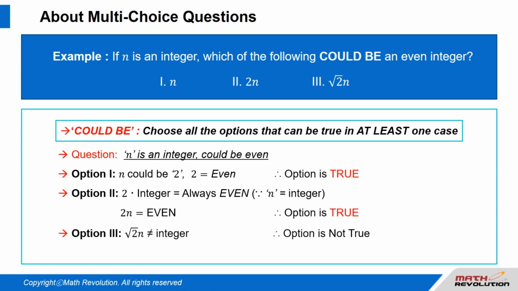Option 3, square root of 2 times n. As n is an integer, square root of 2 times n will never be an integer, so the option is not true. Only options 1 and 2 are true, and it is very important that you understand what a could-be question encompasses.